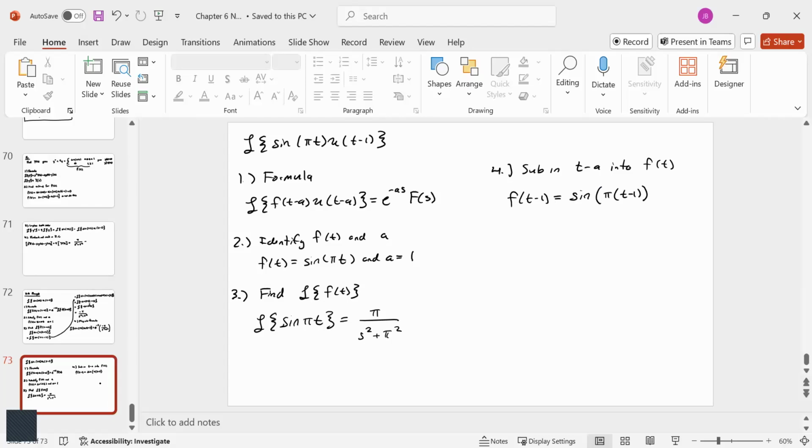Yep, so we're going to make that manipulation. And then step 5 is we're going to plug into the formula.